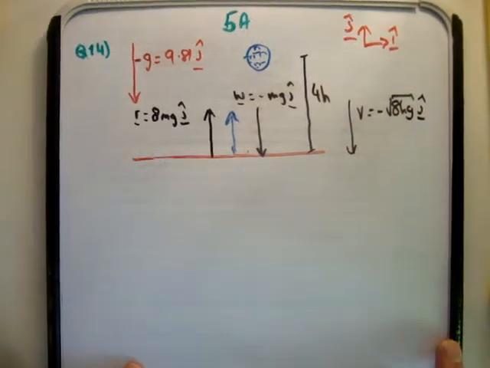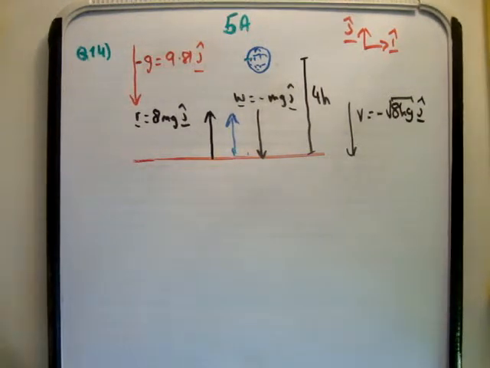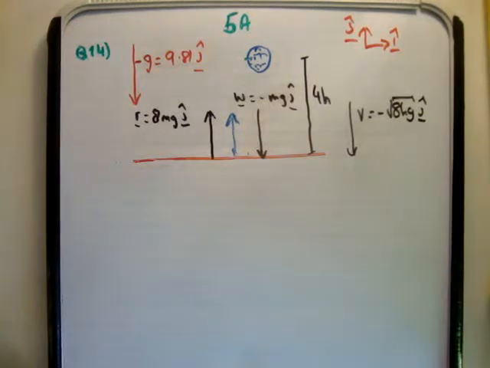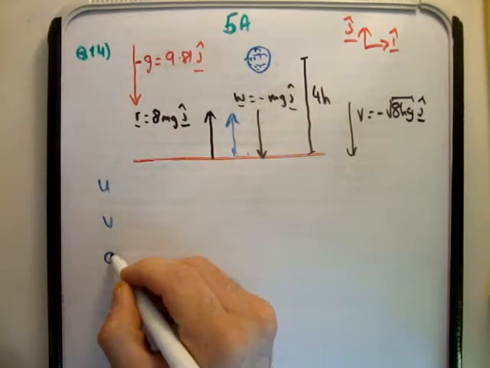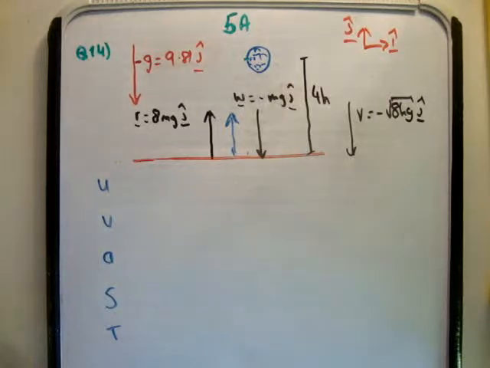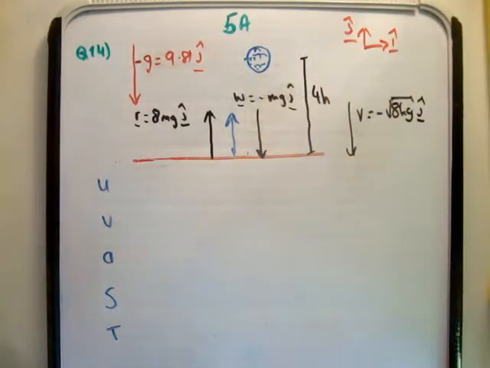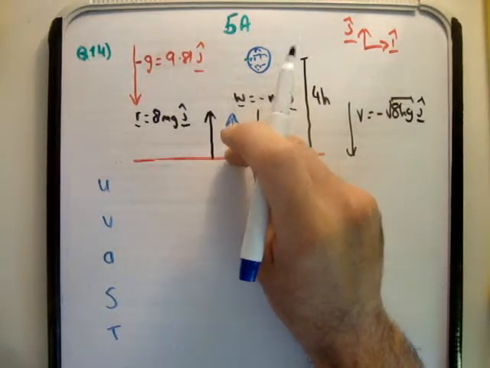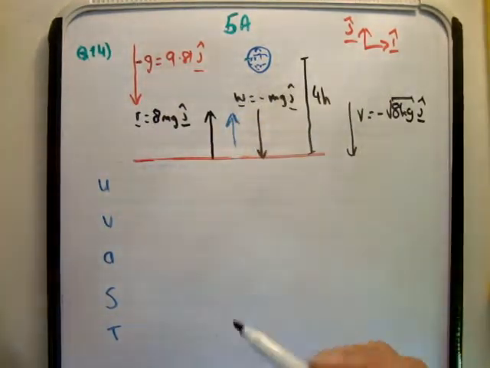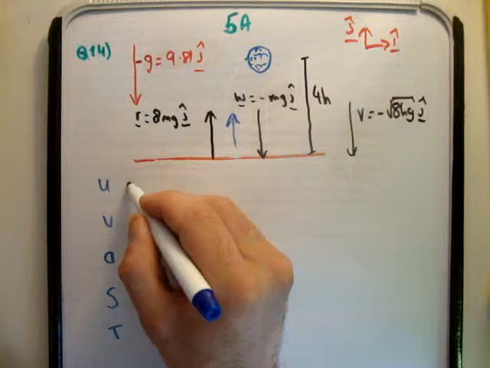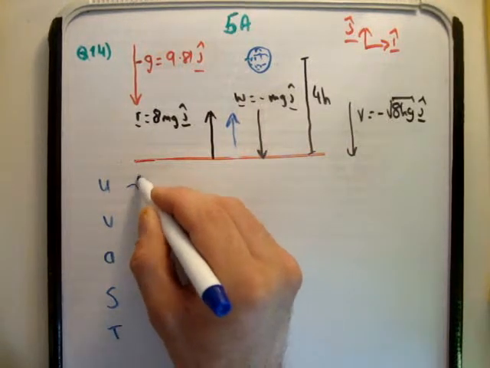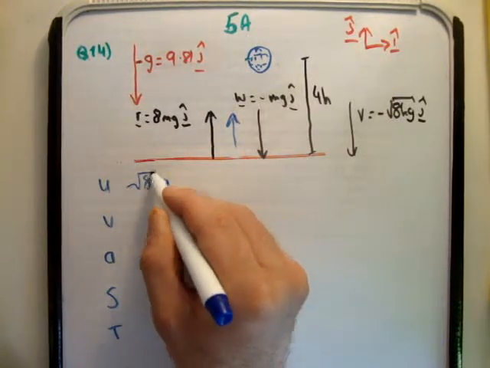So now what we need to do is to find out how far it penetrates into the ground. So go back to our UVAST, and once again we know that it's moving in a negative j direction, it's moving downwards. So we just want to find the magnitude of the displacement, not its direction. So the initial velocity is root 8hg.